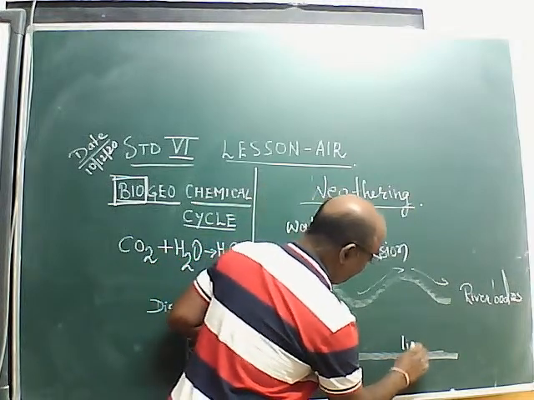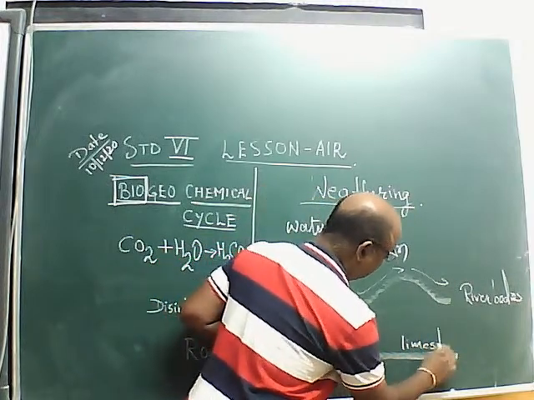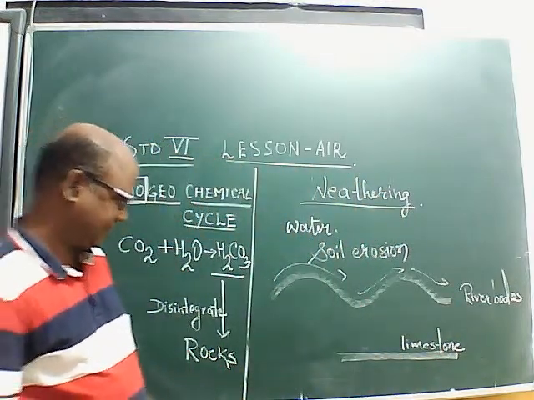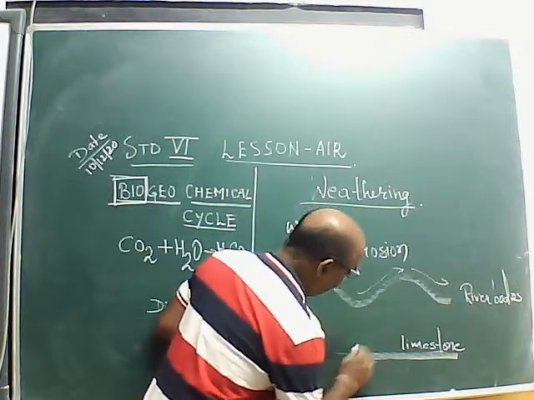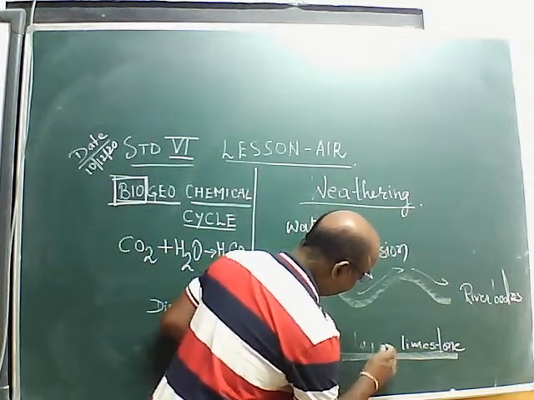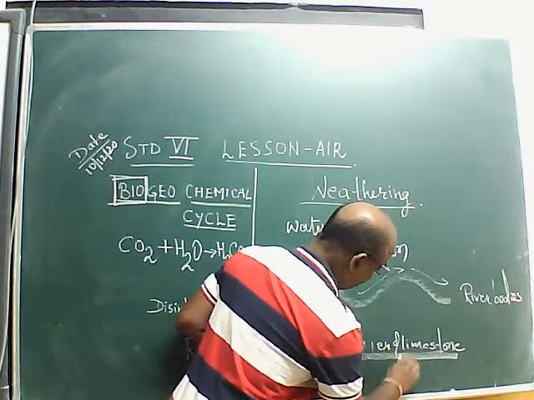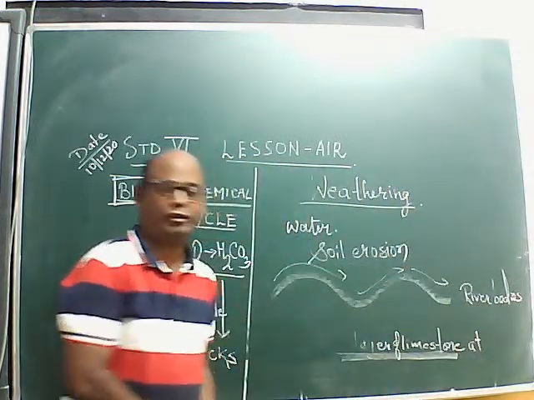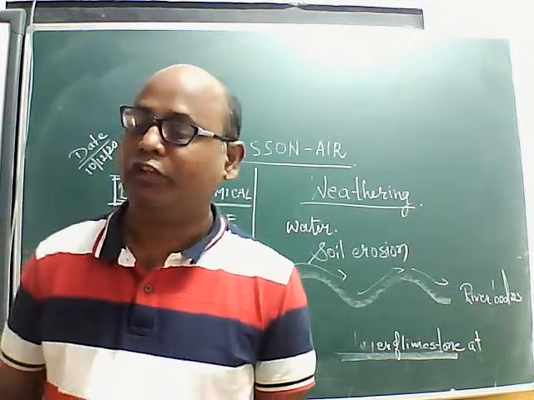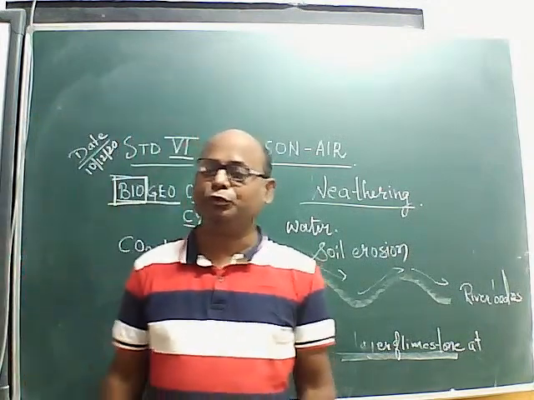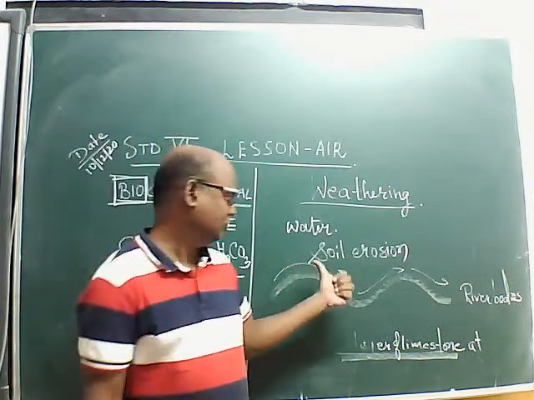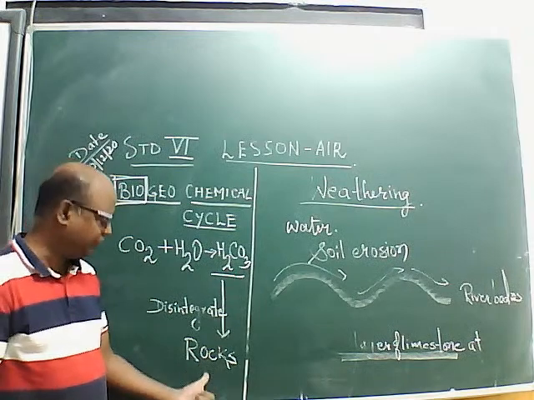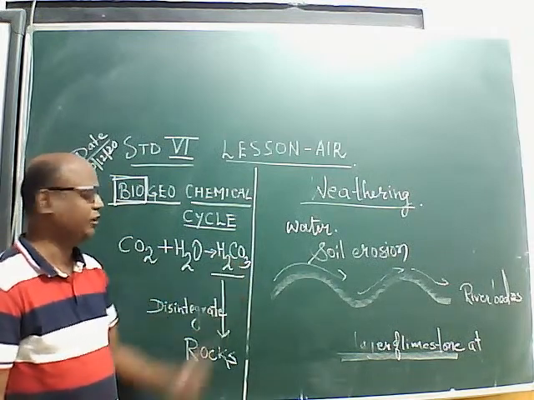A layer of which rock? Limestone. This layer of limestone at the bottom of the river body will be formed due to these chemicals which are formed by the reaction of minerals of rock with carbonic acids.